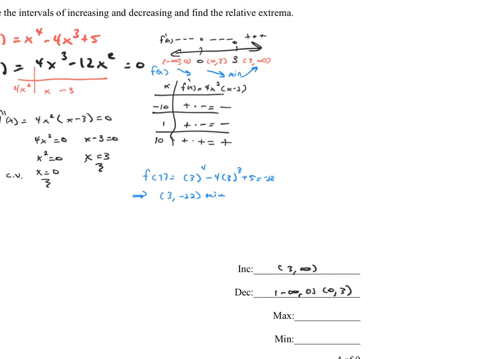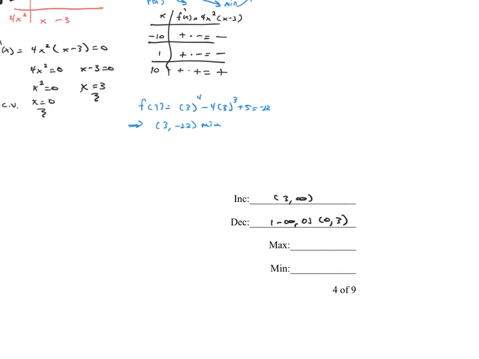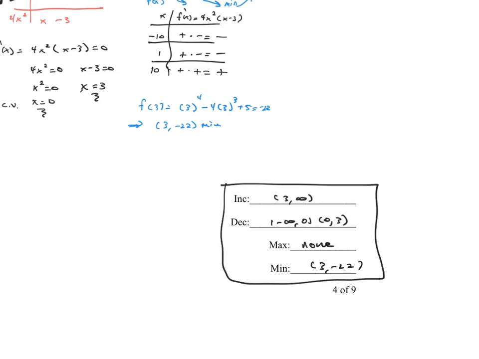It might be tempting to say, okay, let's just say negative infinity to 3 and include the point 0, but remember the derivative at 0 is 0, so it's neither increasing nor decreasing at the value x equals 0. The maximum, we never determined there was one, so we'll say none here, but we did determine there was a minimum at the point (3, negative 22). All of this information is going to be summarized on the next page when we put it together to build the graph.